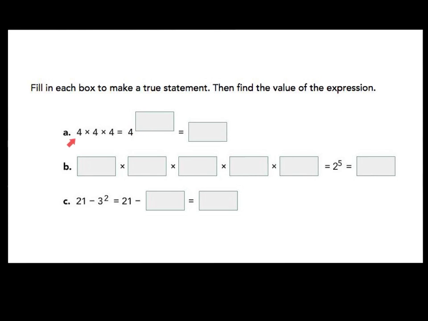If you have the base 4 and you're multiplying it against itself 3 times, 4 times 4 times 4 equals 4 to the what power? And then evaluate it. How much is 4 times 4 times 4? Now you have this. You've got some number multiplied against itself 1, 2, 3, 4, 5 times.